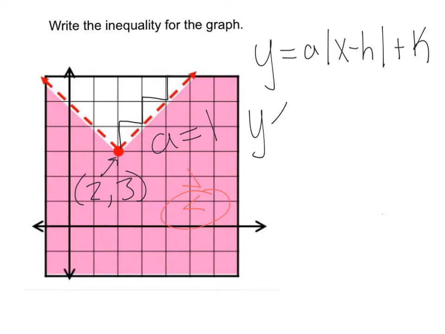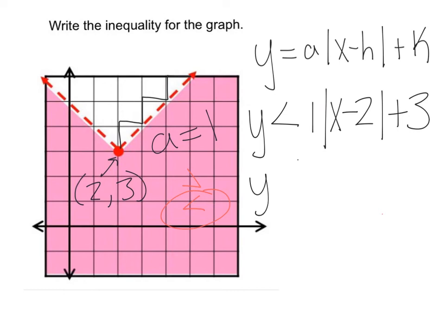So y is less than my slope, my stretch or compression, 1, absolute value, x minus 2 plus 3. Just plugging in all of the numbers that we found. Now, since this 1 is here, we actually don't need the 1. Remember I told you guys in class, if we have 1 as our slope from the vertex to the right, that means that we don't actually write it.